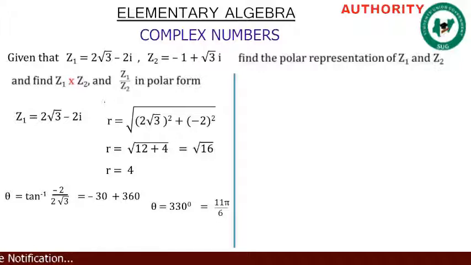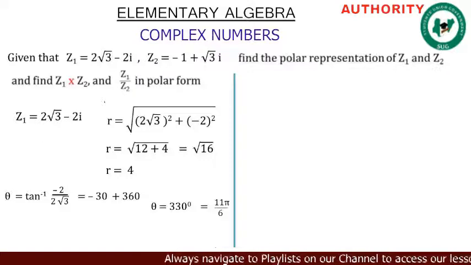To represent z1 in polar form, we know our polar form is z equals r (cos theta plus i sine theta). We have found our r to be 4 and our theta to be 11 over 6 pi.